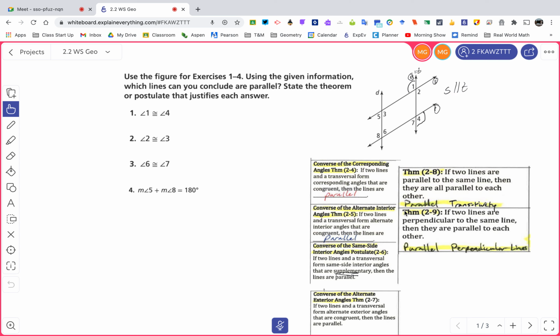We want to prove S is parallel to T, and if we look at angle 1 and angle 4, they're alternate exterior angles.